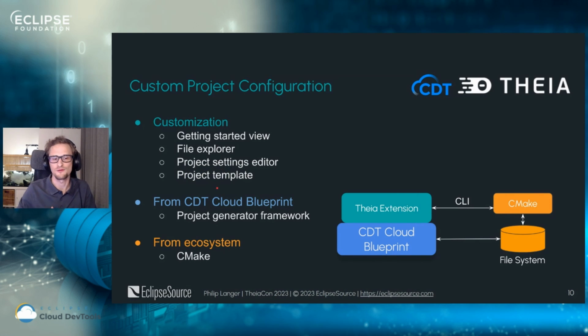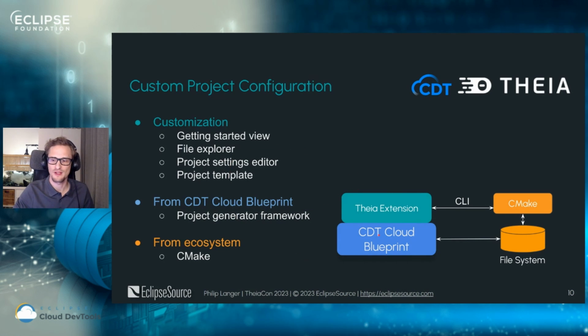Of course, this is not done from scratch, because, as you all know, Theia provides many APIs and components that you can use to build something like a getting started view very quickly. And for project templates, there is a project generator framework in CDT Cloud Blueprint that you can use to very easily generate template projects from scratch.